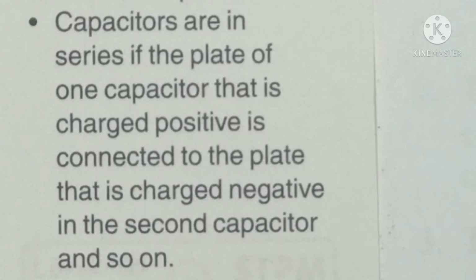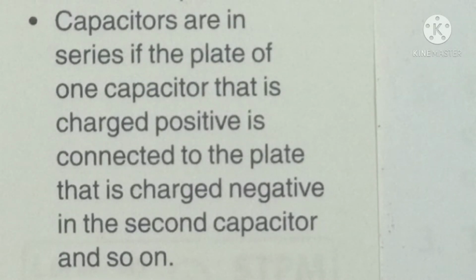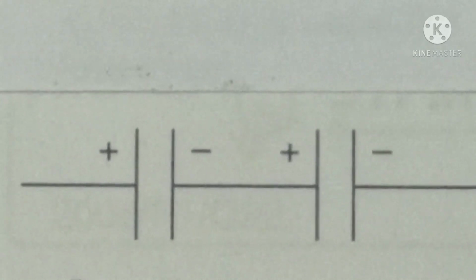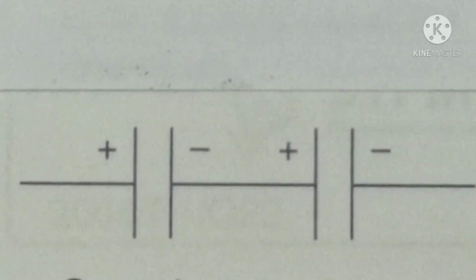Capacitors are in series if the plate of one capacitor that is charged positive is connected to the plate that is charged negative in the second capacitor, and so on. So these two capacitors are connected in series.